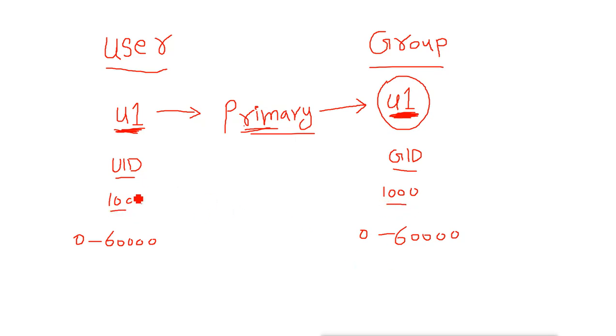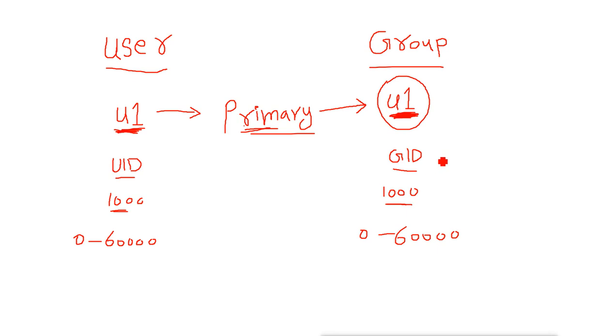Now they will get the same number if they are created at the same time. So when we create user 1, U1, the group is also created as U1 and they will get the same UID and GID. If the user gets the UID 1000, the group will also get the GID 1000. Now this happens only when the GID is available. This is the default behavior. If GID 1000 is not available, the group will get another GID like 1001.